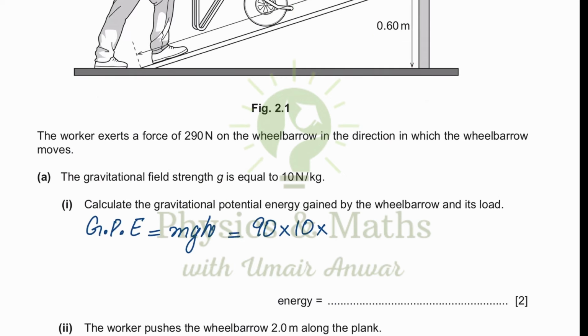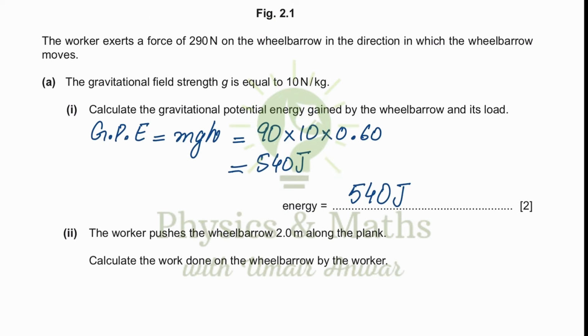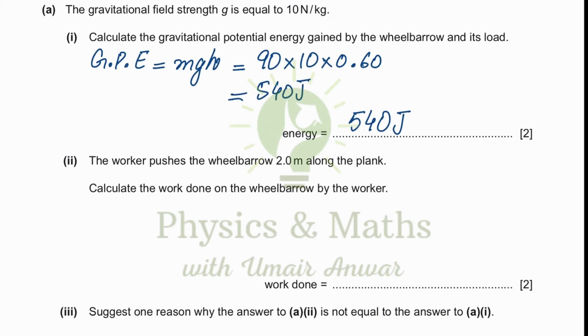So the value of h to be used here is 0.60 meters, and when we multiply these values we get the answer as 540 joules in two significant figures. So the energy gained by the wheelbarrow and the load is 540 joules.